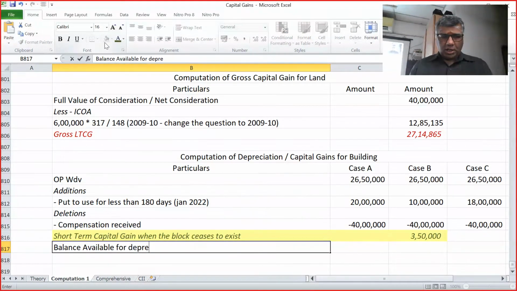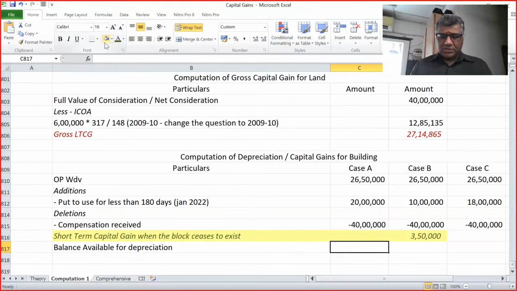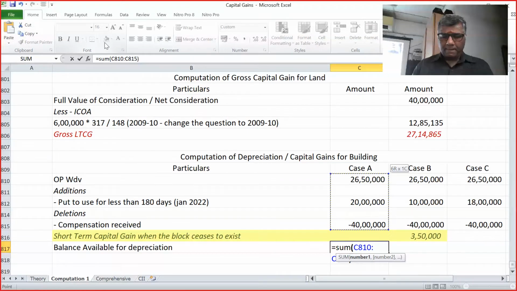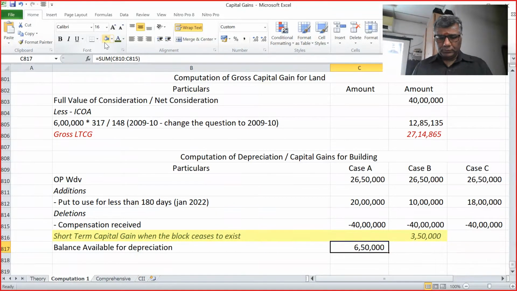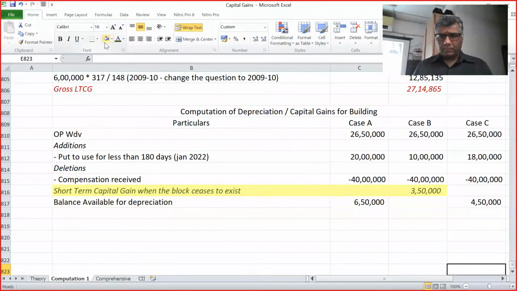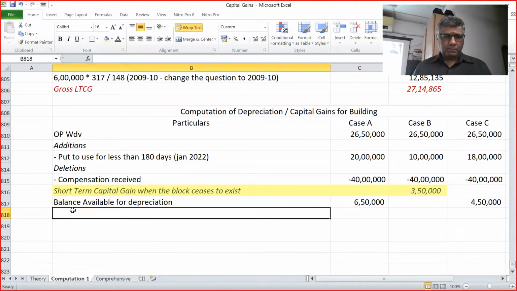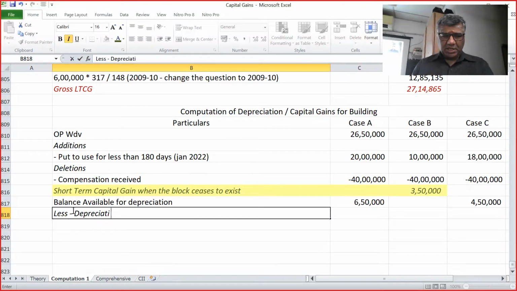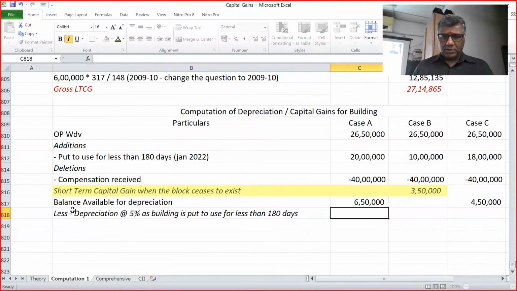In the other two cases, there is still balance for depreciation. Less: depreciation at the rate of 5%, as the building is put to use for less than 180 days.